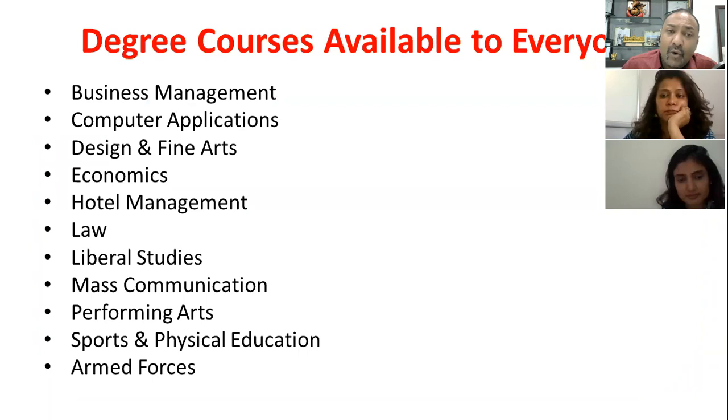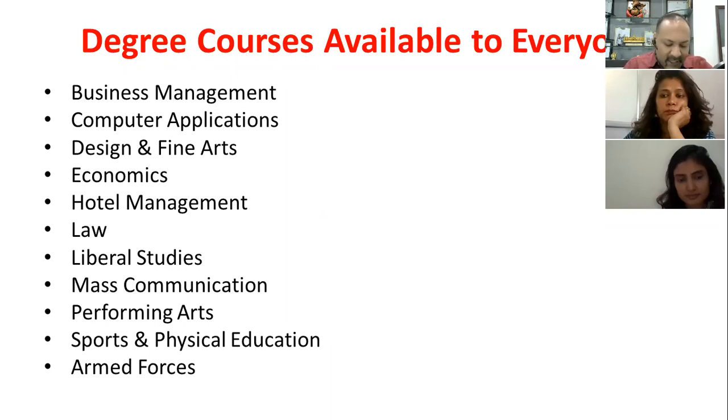There are a lot of general courses which are available to students from across streams. And those degree programs could involve business management, computer applications, design, fine arts, economics, hotel management, law, liberal studies, mass communication, performing arts, sports and physical education, or armed forces.